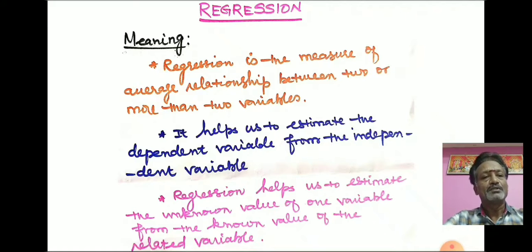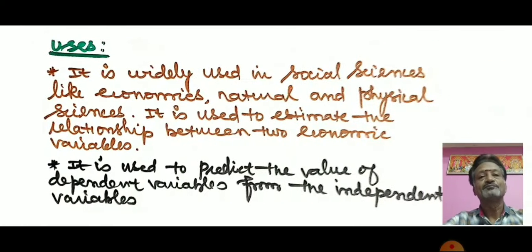Again, regression helps us to estimate the unknown value of one variable from the known value of the related variable. So regression means a measure of average relationship between two or more than two variables.